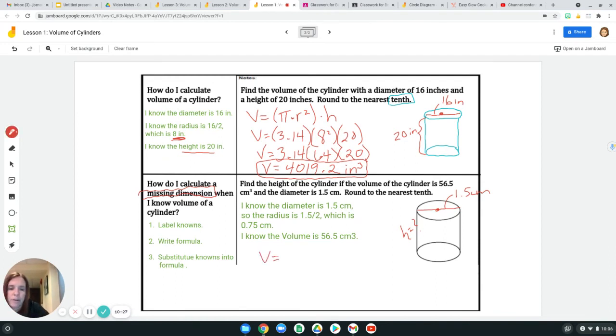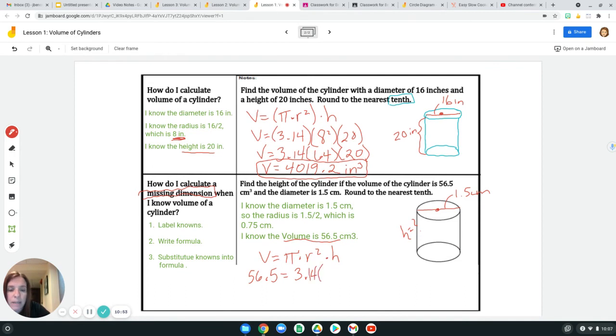Volume for a cylinder is pi times radius squared times height, right? All right, so we're going to substitute in what we know. We know the volume, so this goes for V. So 56 and 5/10 goes where V is, okay? We know pi. Pi is 3.14.